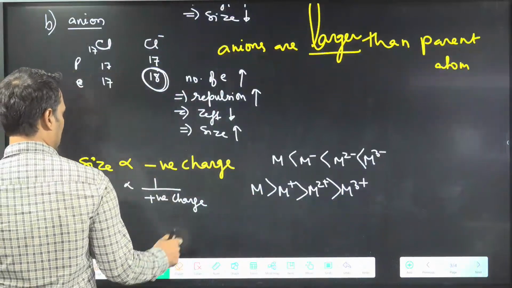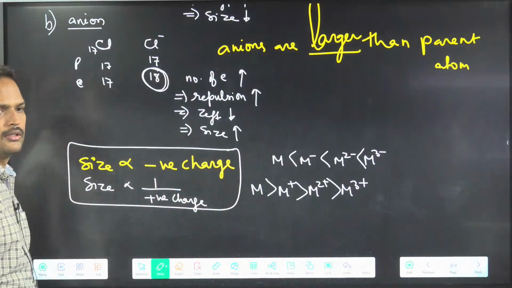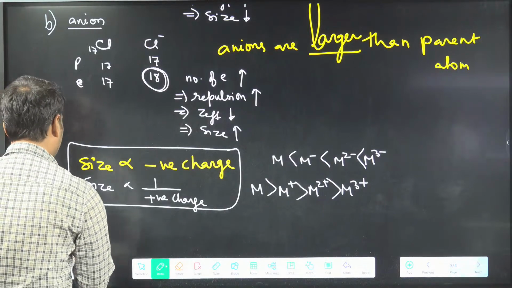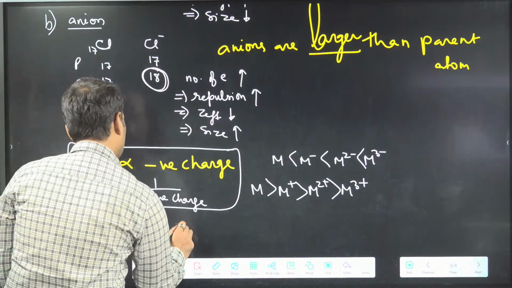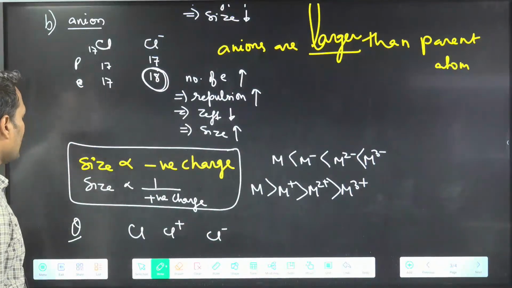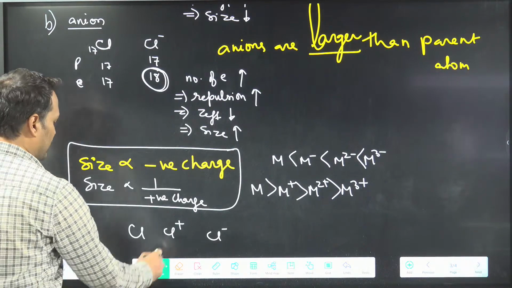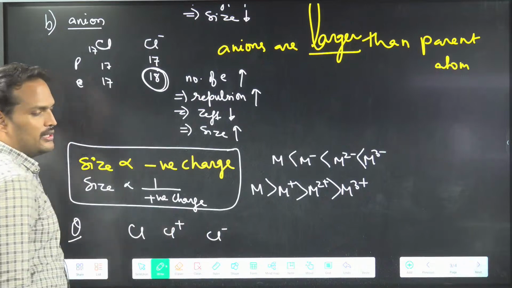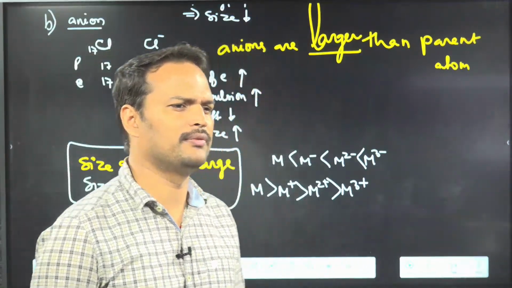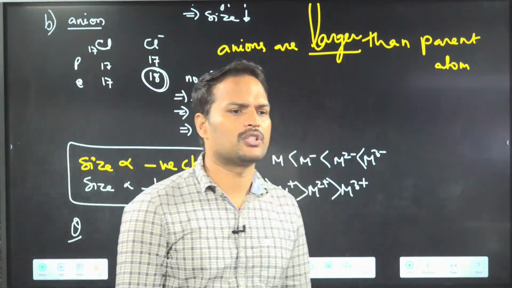So this is my final conclusion: more negative charge, more size. Less negative charge, less size. More positive charge, less size. So you tell me the final answer. Cl, Cl plus and Cl minus, what is the order? Who is the smallest?